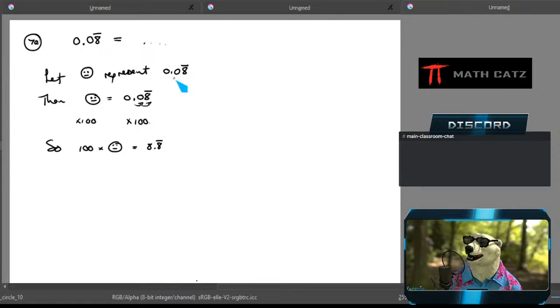Only the 8 is repeating, right? Not the 0. Only the 8. So once I move the decimal point, there's a string of 8s waiting for me after it.